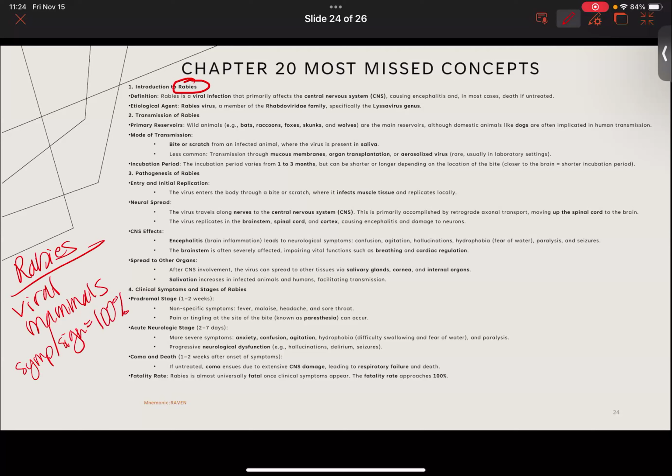It's like 99.999 or something. There's been like a case or two where people did recover from this, but they did have permanent sequelae associated with it. So you can kick the virus and survive, but it's extremely rare that that happens, and you aren't going to be your normal self afterwards. Okay. So it's a virus that gets into pretty much any mammalian cell and leads to spread into the nervous tissue.